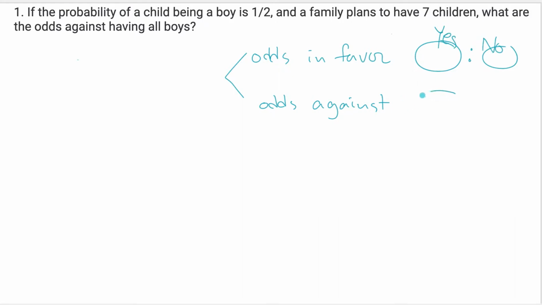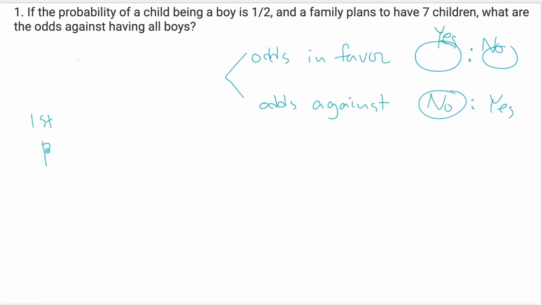So odds against means then no to yes ratio. So by solving the problems here, you will understand what I mean by that. Looking at this problem, it says the probability of a child being a boy is 1/2, and they want to have 7 children. So let's consider first child to be a boy.